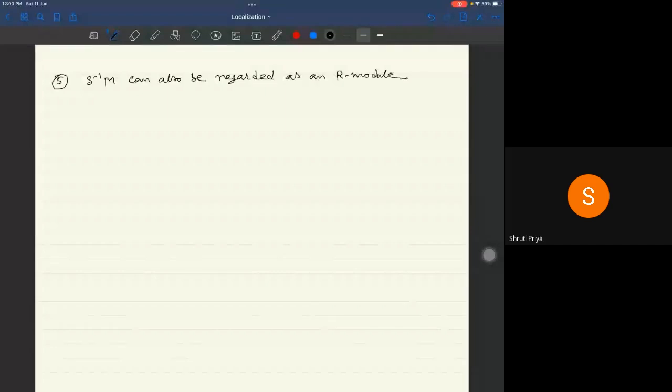Okay, so you have addition here. Now how can you define scalar multiplication where scalars are coming from R? Can anyone answer?